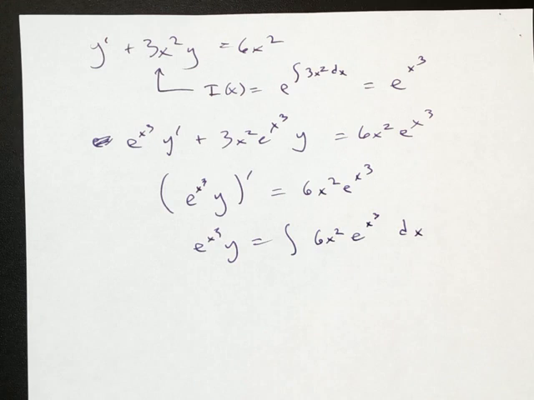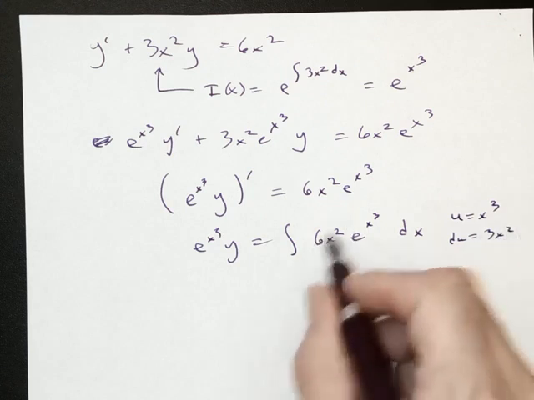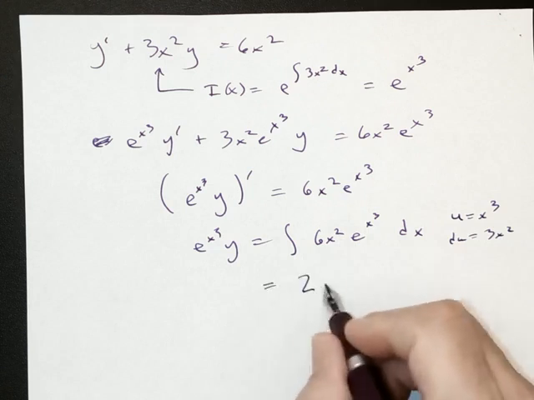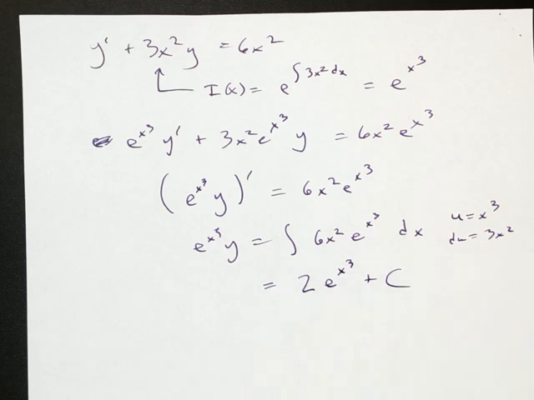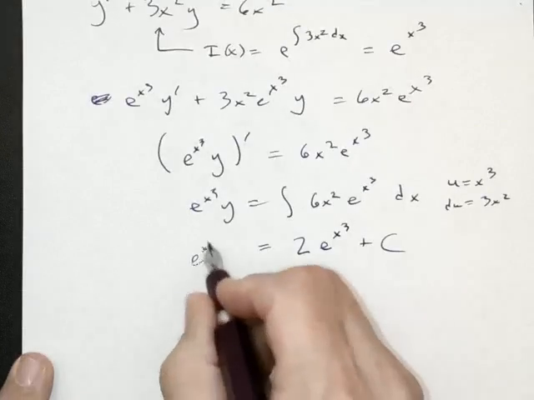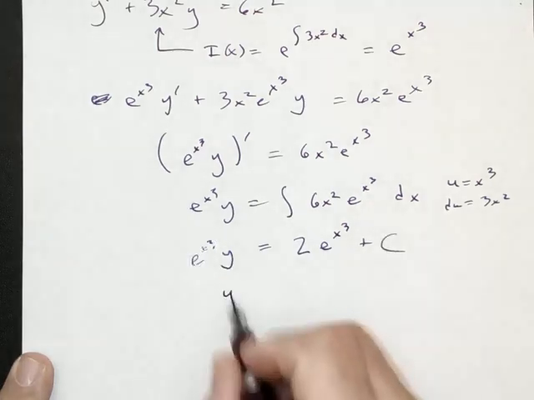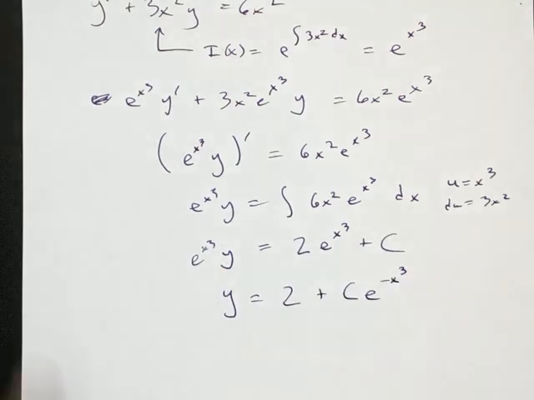Exactly. u equals x cubed, du equals 3x squared, so I'll get 2 du. But notice that over on the left, it is still e to the x cubed y. So I have to divide by that integrating factor to get y all alone, and I get 2 plus c e to the minus x cubed.